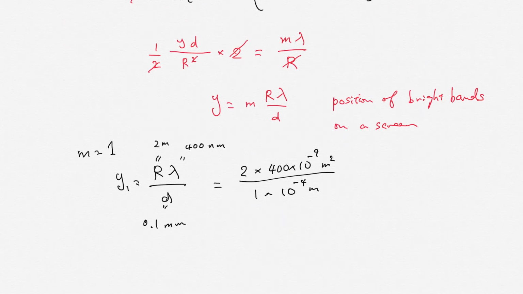Then one of the meters is cancelled out. So this is 8 times 10 to the minus 7 plus 4, which is minus 3 meters. So the answer is 8 millimeters. This is the answer to this practice.